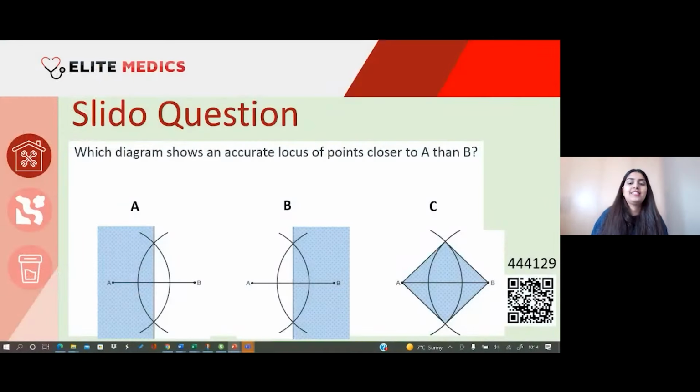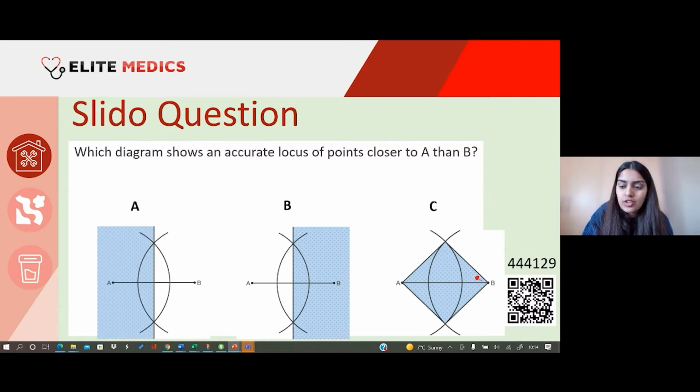Okay, so I need to show an accurate locus of points closer to A than to B. So let's have a look at, let's say C, because a lot of you said C, right? So let's have a look at this point here. This point here is shaded, is within the shaded region, so it's a perfectly valid point to choose.